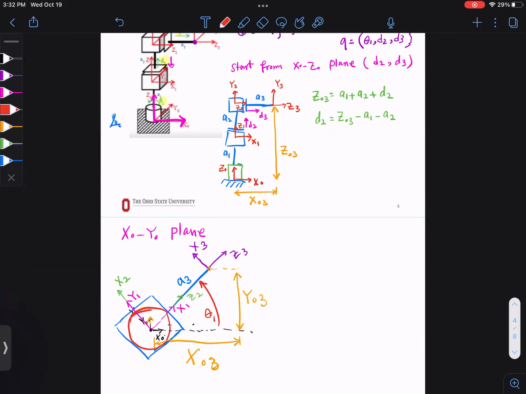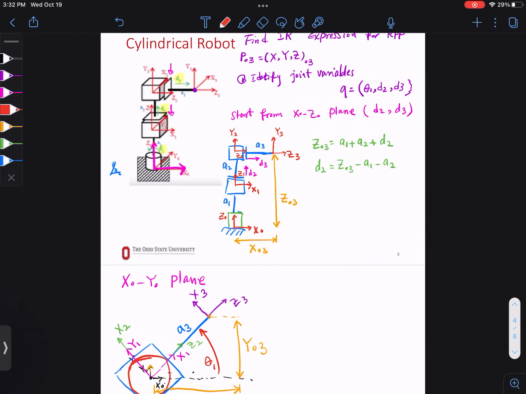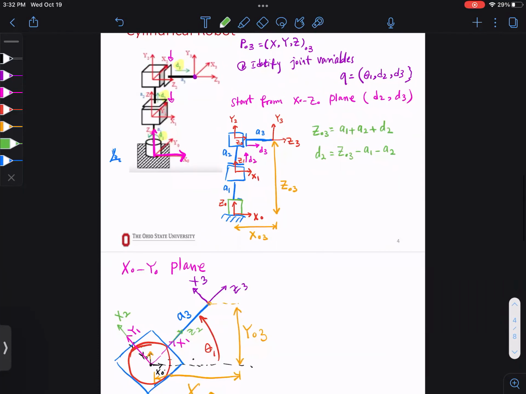So the orange, I know what they are. Already know. What else do I see from top view? D3. I still see the second prismatic joint moving, right? So I can put that in there too.